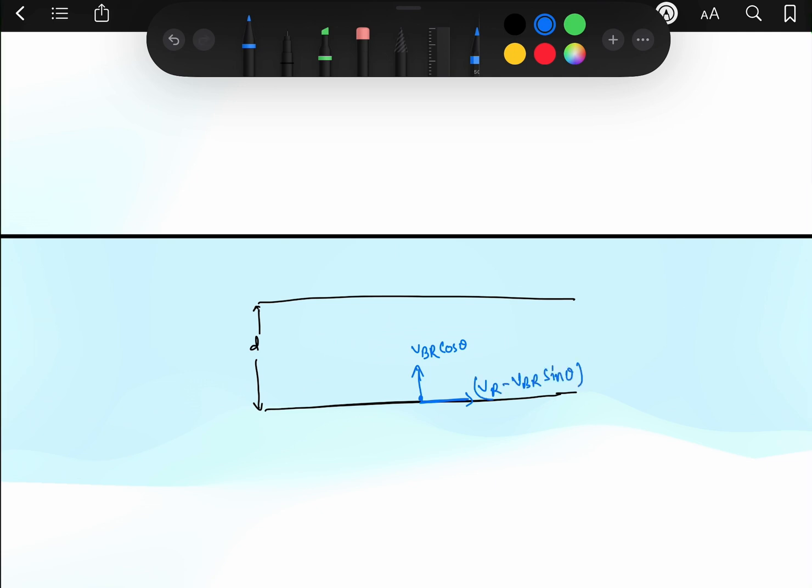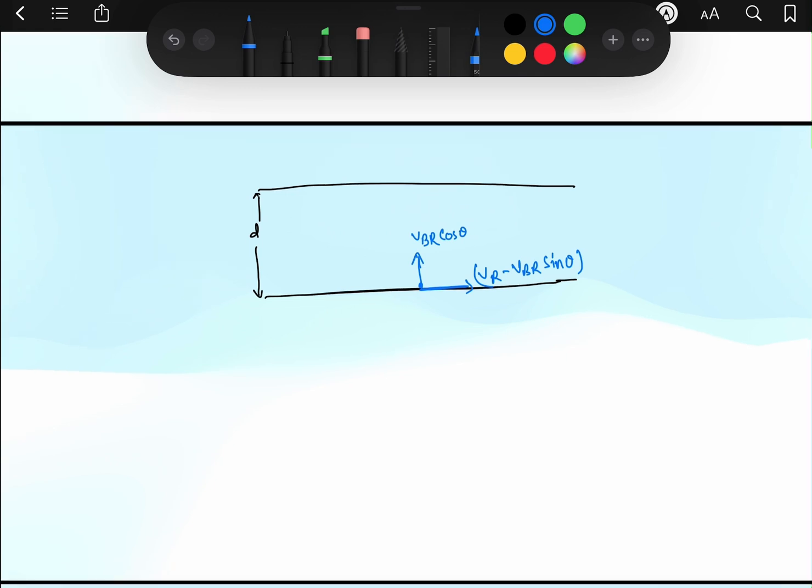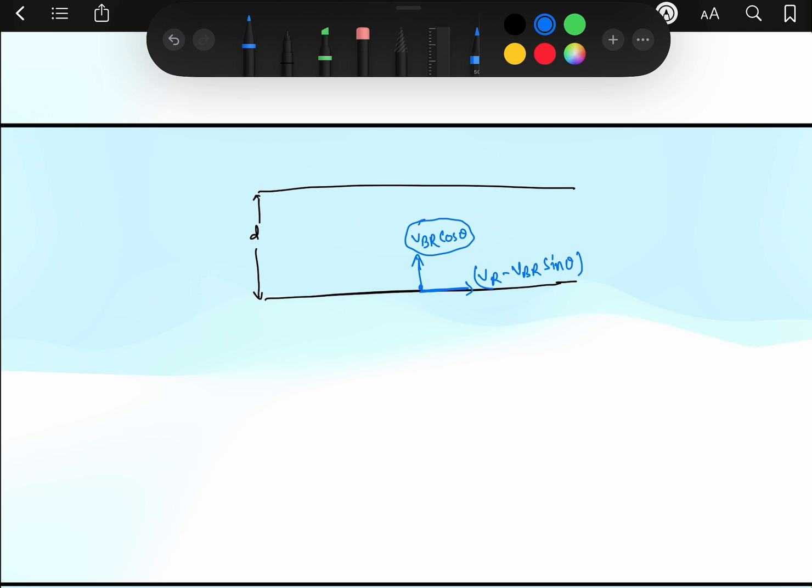Now if I want to write the time taken to cross this river, the component of the velocity that is responsible for crossing the river is V perpendicular.